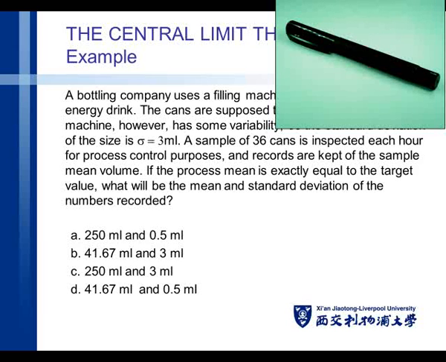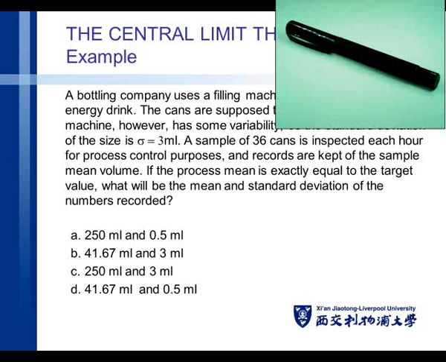And so the slides from last week have been corrected. The solution is still A, which is that the average is the same as the population, 250 milliliters. The standard error of the distribution of the samples is the standard error of the population divided by the square root of the sample size, square root of n.